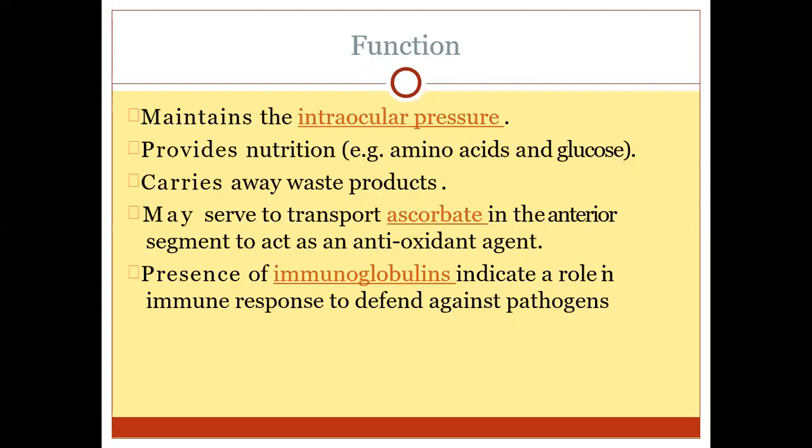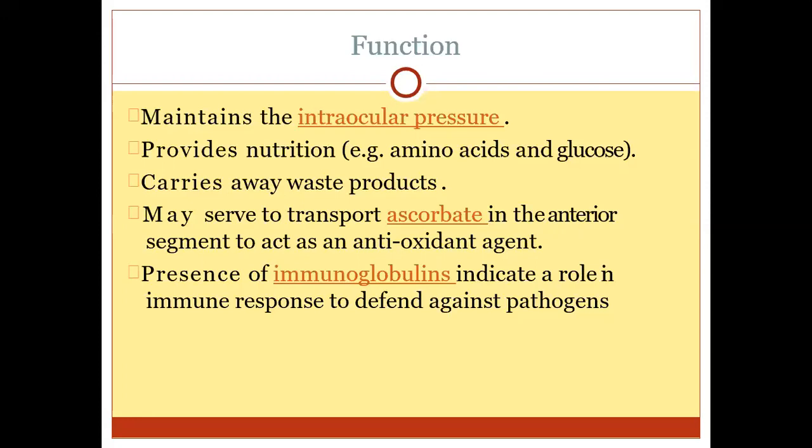Who gets that? Cornea and lens. It carries the waste products. Yes, definitely, it takes all the metabolic waste products. It serves to transport ascorbate in the anterior segment, which acts as an antioxidant.